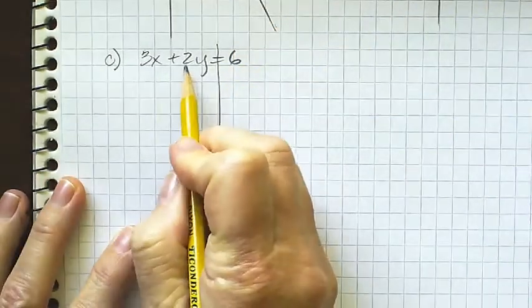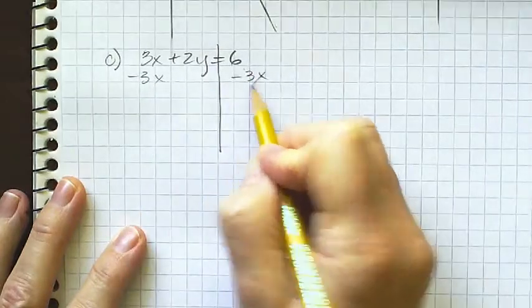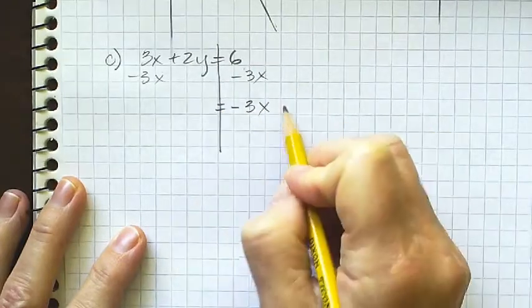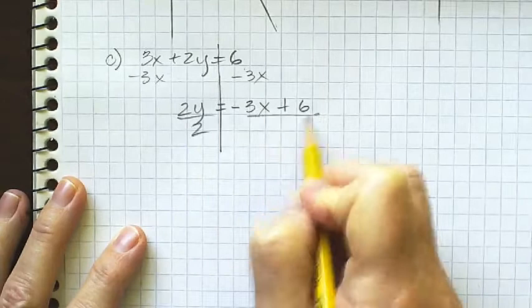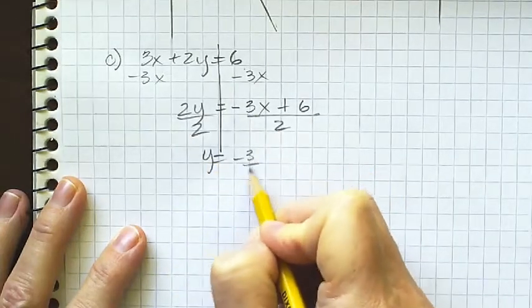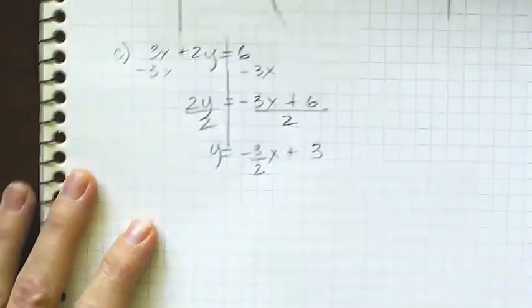So I'm going to move this 3x over here. And I like to put the x term first, doesn't really matter though, and then divide both sides by 2. So that's going to give me y equals negative 3/2 x plus 3.